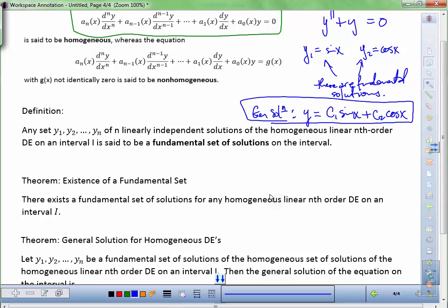And like we've seen before, as high as the order is, we'll have that many constants, parameters.